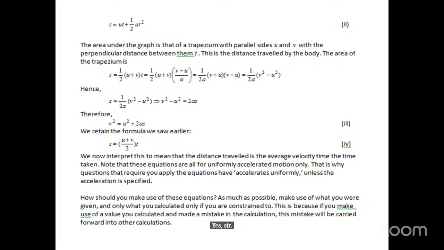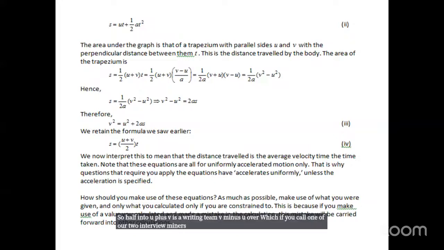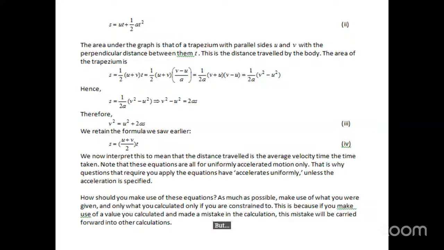So half into U plus V. Instead of writing T, V minus U over A, which will be equal to 1 over 2A into V plus U into V minus U. Difference of two squares: V squared minus U squared. Hence, S equals 1 over 2A into V squared minus U squared. If you turn that around, you arrive at V squared equals U squared plus 2AS.